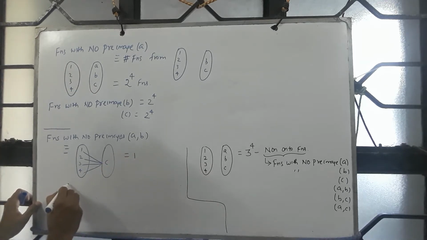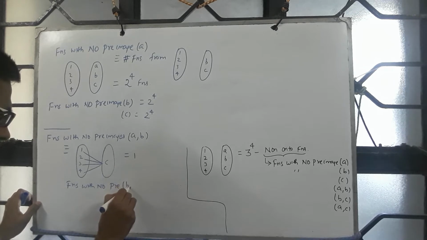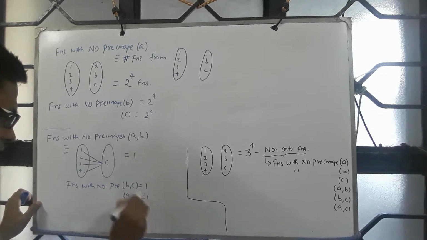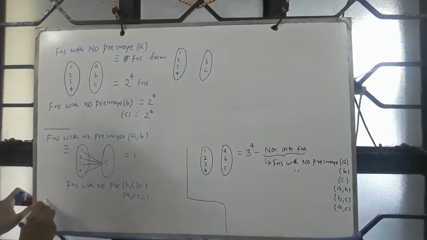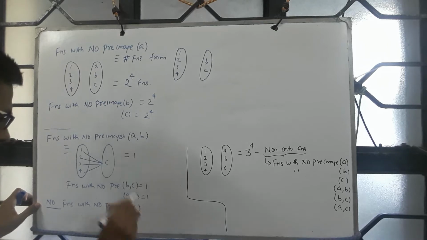So similarly, functions with no pre-images for BC, that's also 1. AC, that's also 1. And there are no functions with no pre-images for all 3.